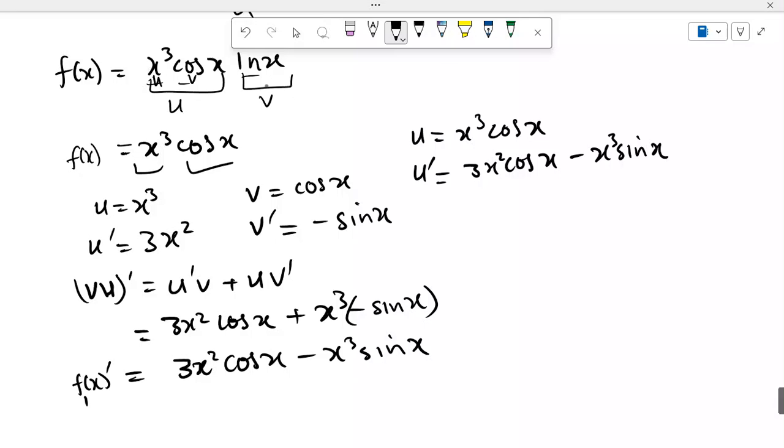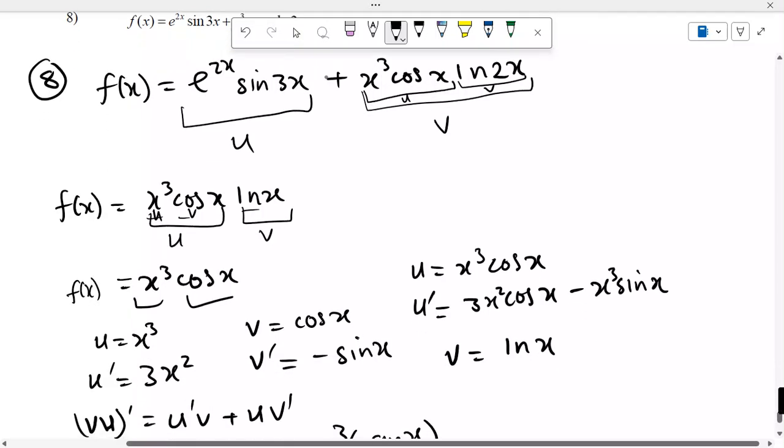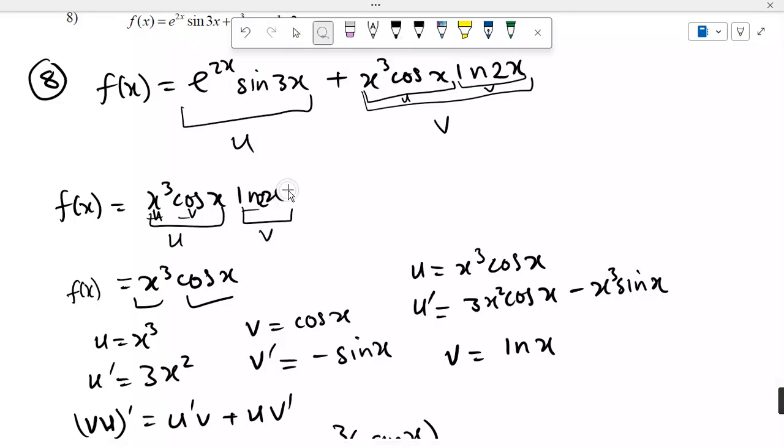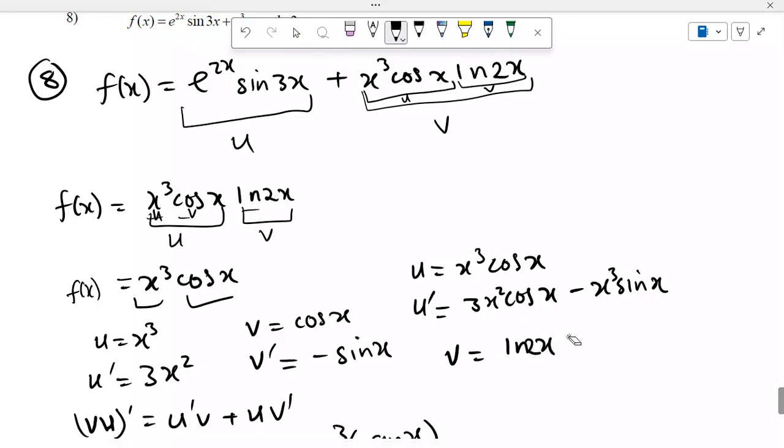Okay, so our v is this. So our v is what? Natural log of x. Should be 2x, I think so. Oh yeah, 2x, sorry. So it's supposed to be natural log of 2x. This is dirty.